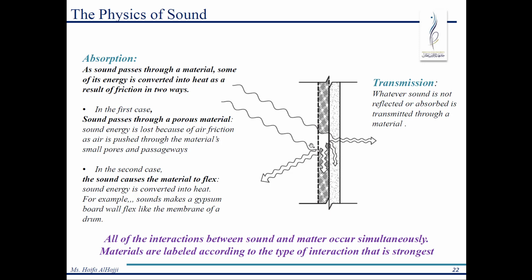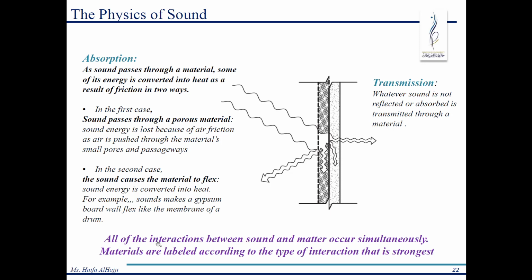So the more porous the material is, the more absorptive it is, because it creates more friction. It wastes the energy of sound into heat energy through friction. So you have absorption happening here. Whatever survives the absorption and the reflection is transmitted to the other side.